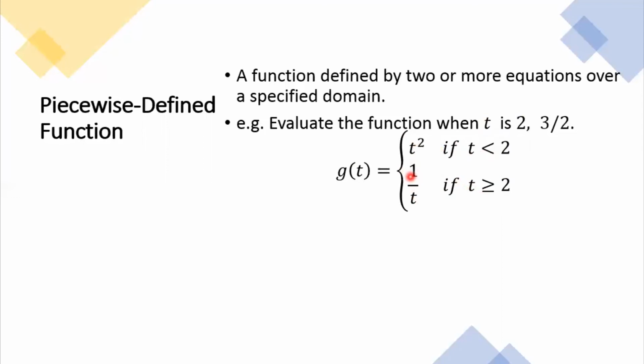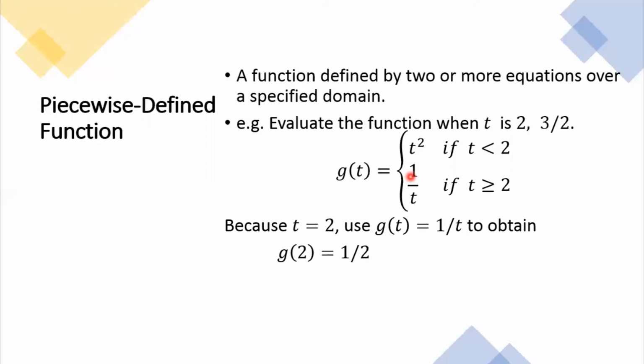Now, how can we evaluate this one? We can evaluate this one by satisfying the domain of the given function. For example, we are asked to find g of 2, because we are asked to evaluate the function if t is equal to 2 and 3 over 2. So all we have to do is to substitute our t, but we have to take note of the domain.